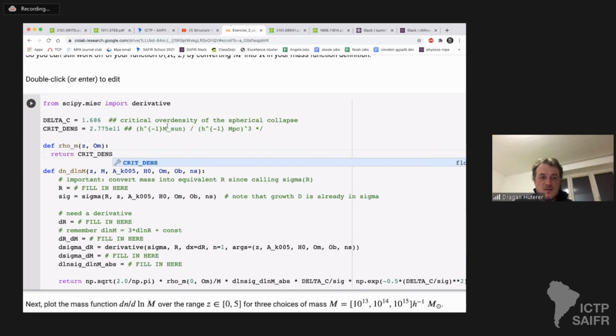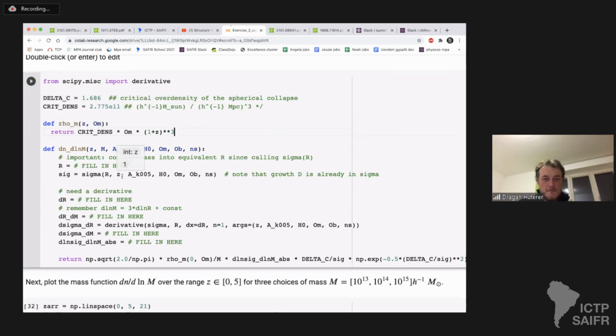This is mass density, mass per volume, and even the mass is in units that have a little h. So in those units, this is a number. It's that times omega matter times just 1 plus z cubed. Even though it's at any given z, we'll need it at z of 0. So this is very simple, it's the mean rho. Remember, this is not the same business as yesterday. This is just a plain rho, so it only depends on omega matter.